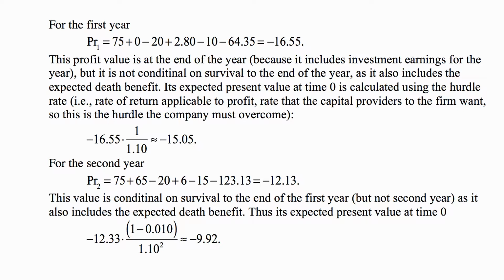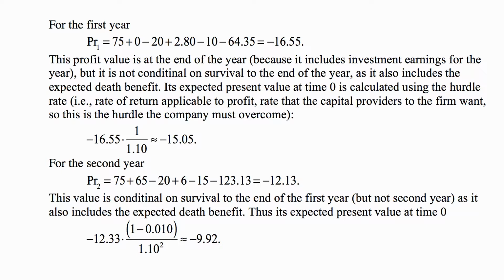This value is conditional on survival to the end of the first year, but not the second year, because you see you have death benefit or reserve for the second year. So its expected present value at time 0 is negative 12.33 times the probability of survival during the first year, but not during this second year in which we're doing the calculation, but during the first year for which we already did the calculation before.